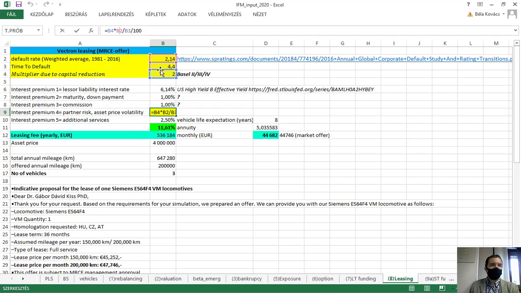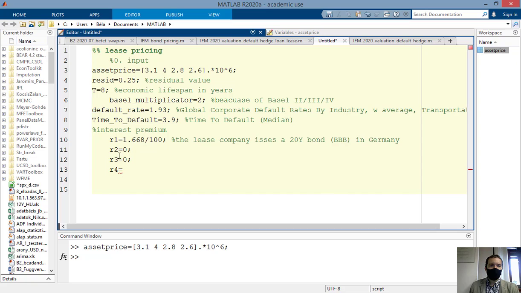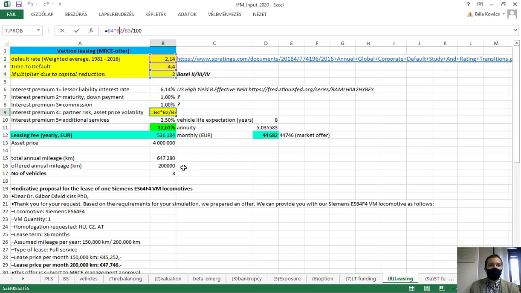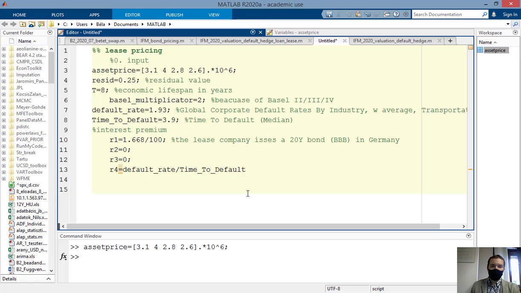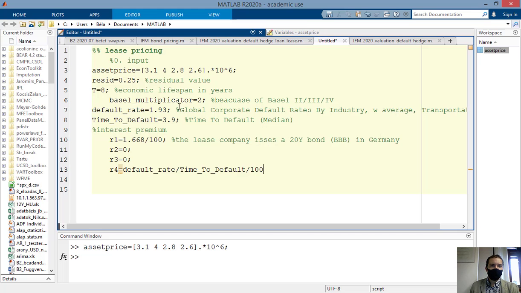So we have to divide default rate with the time to default. And also because it's a rate, we have to divide it by 100, but we have to multiply this with this Basel multiplier because of Basel.